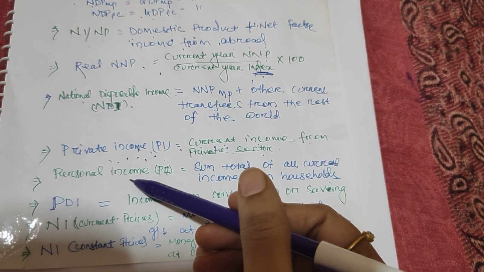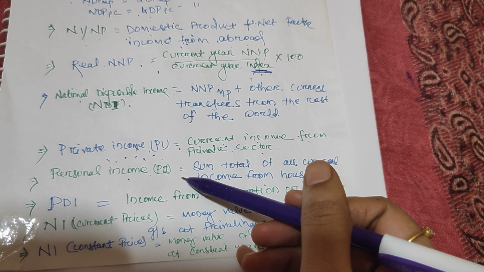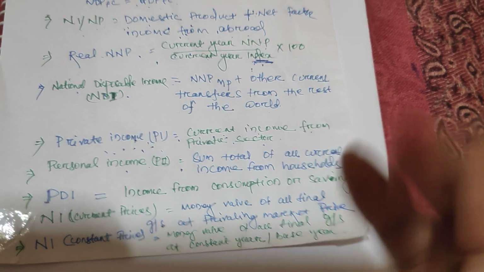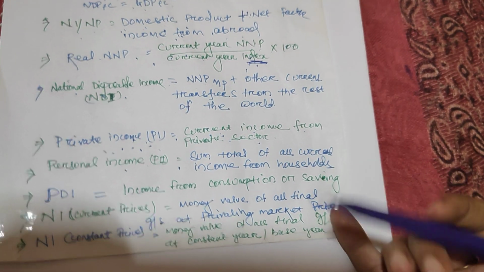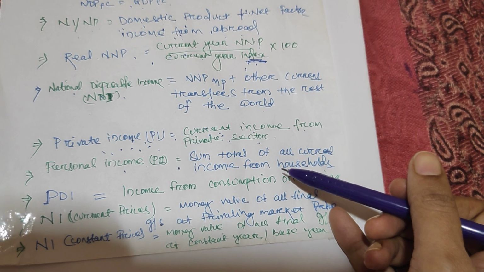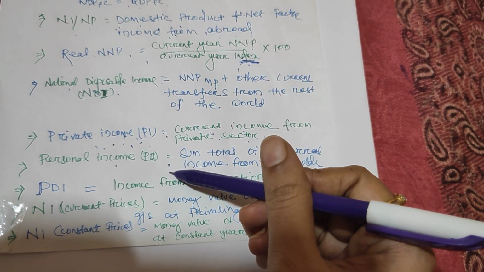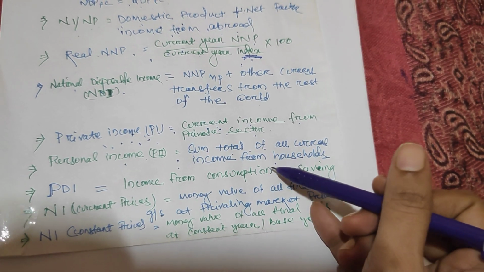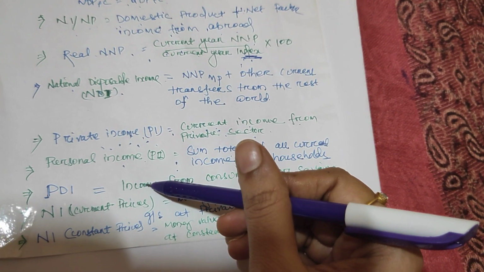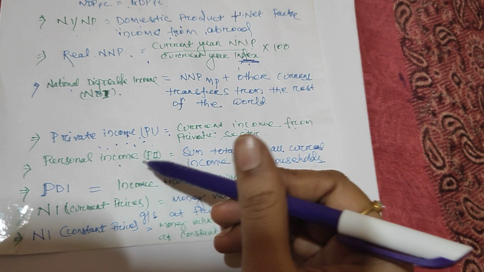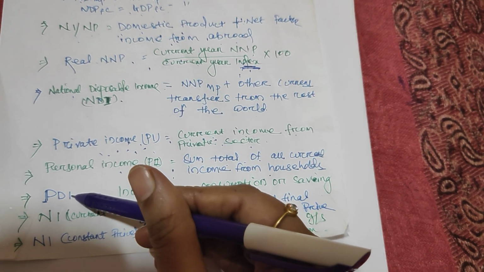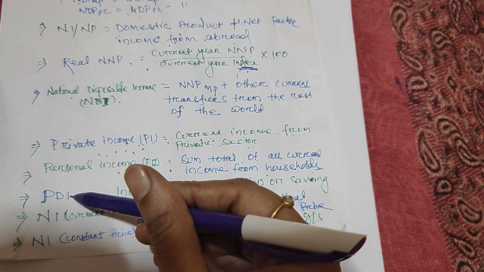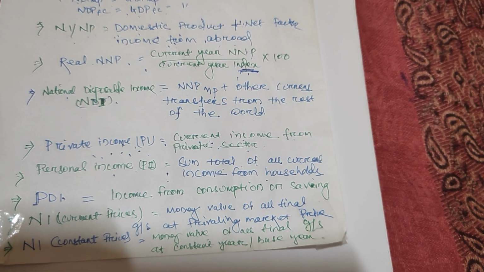Then what is personal income? Personal income is defined as the sum total of all current income received by a person or household from all sources. So personal income equals the sum total of all current income of households. Next, PDI, personal disposable income. Remember, when the word disposable comes, you will remember consumption and saving.